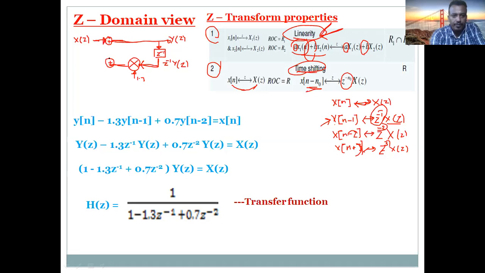So it comes here added together. Another delay element is represented in Z domain by what? z to the power of minus 1. Why do we write minus 1 only? Because if you delay by 1, X of z is multiplied by z to the power of minus 1. That's why we write z minus 1. z minus 1 means unit delay.